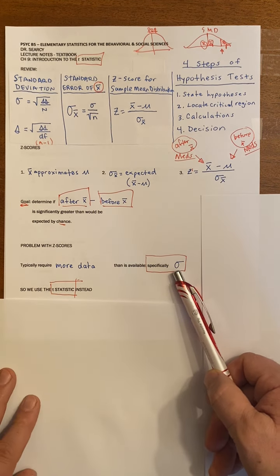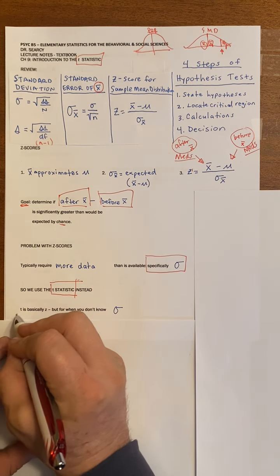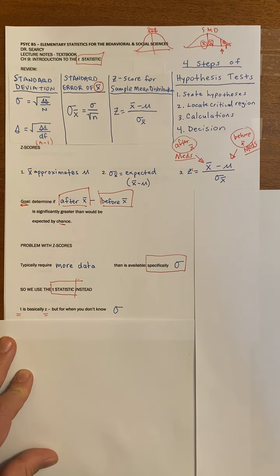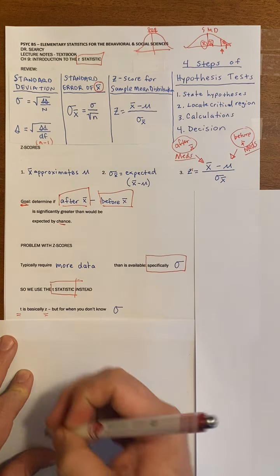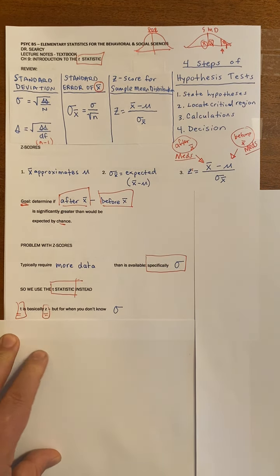Okay, so one thing that you just want to remember as we proceed is that t is basically z, right? So we're basically still doing the same thing. We're just going to use a new equation called t instead of z.